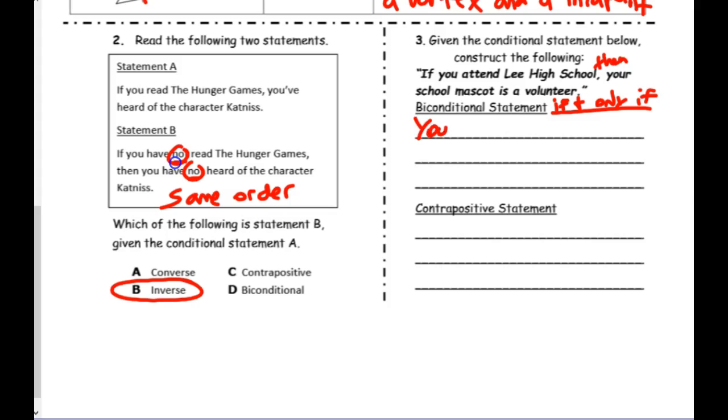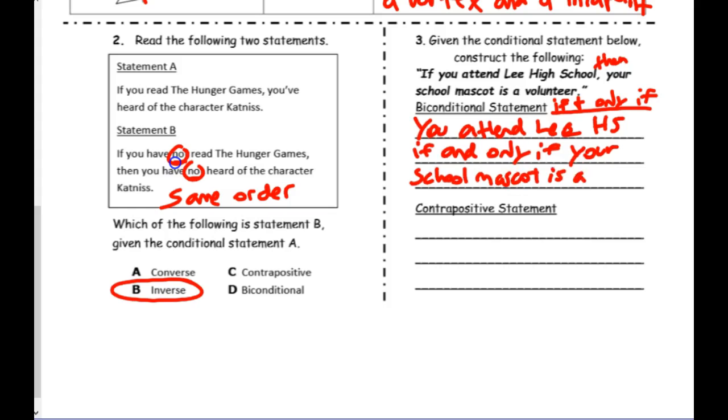You're just going to say you attend Lee High School if and only if your school mascot is a volunteer. Technically, this is not true. You could have a mascot of a volunteer and go to the University of Tennessee, but you get the idea. This is how you make a biconditional statement.